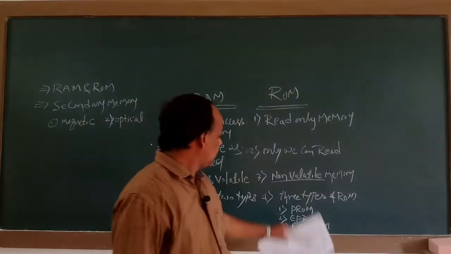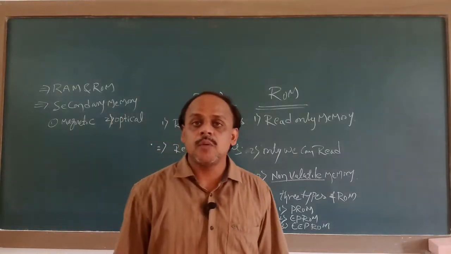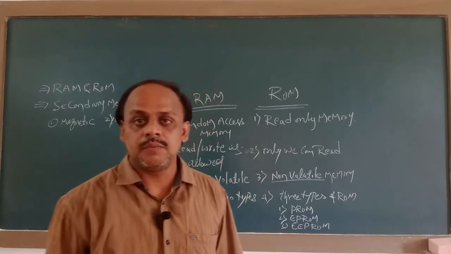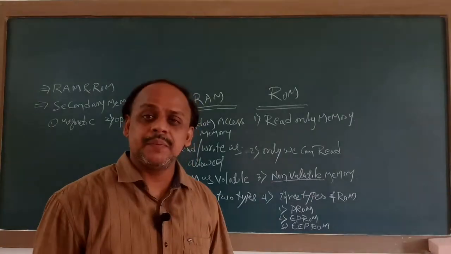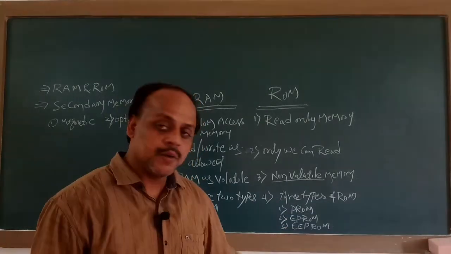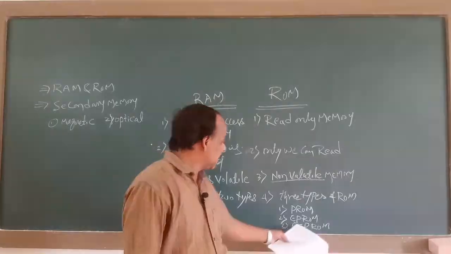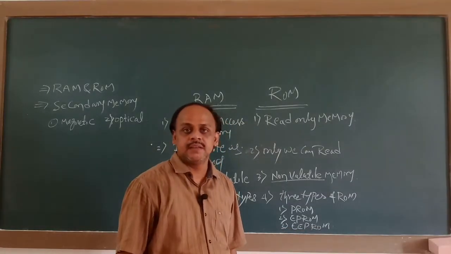Whereas in ROM we can observe three types: first PROM, second EPROM, third EEPROM. That is programmable read-only memory, erasable programmable read-only memory, electrically erasable programmable read-only memory, right?